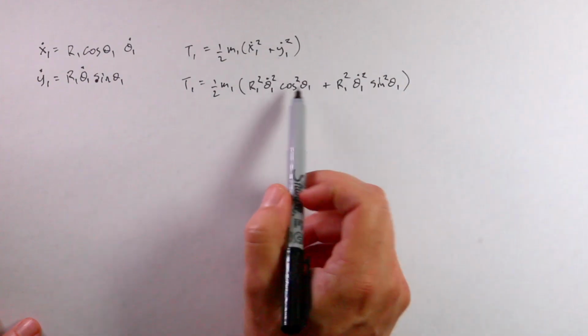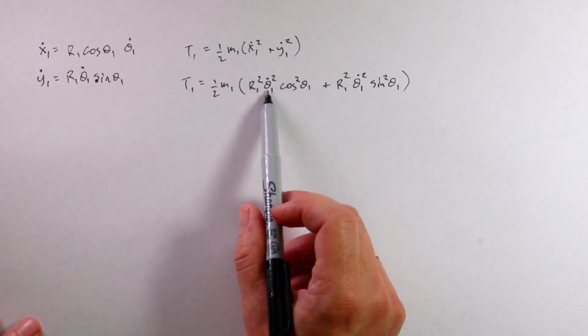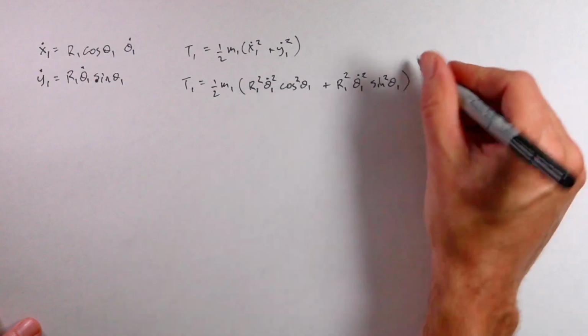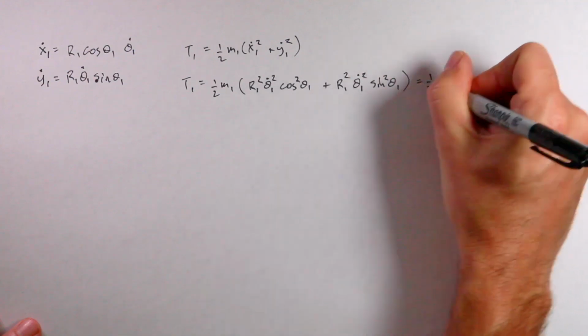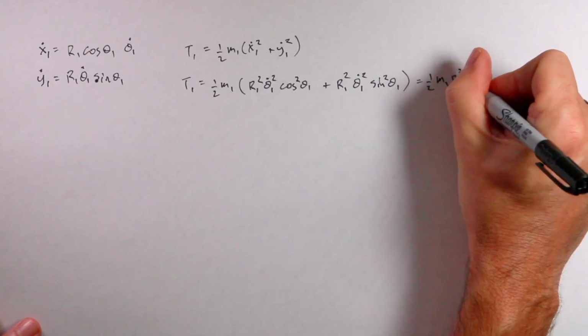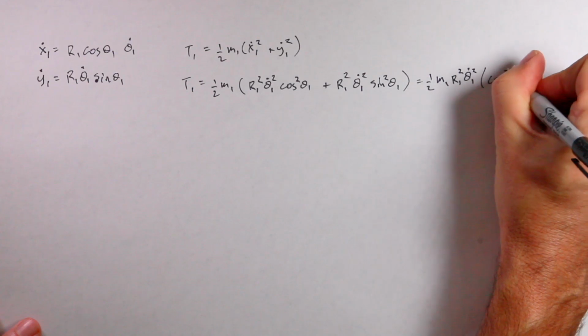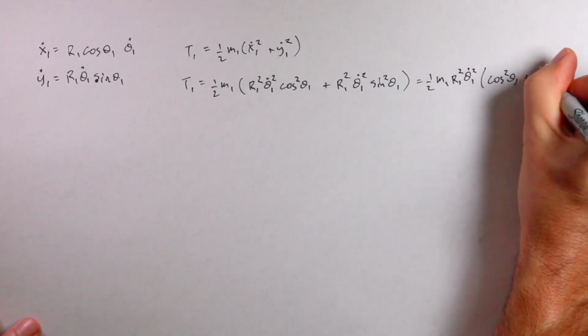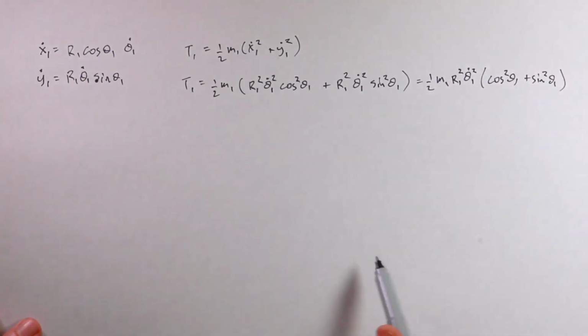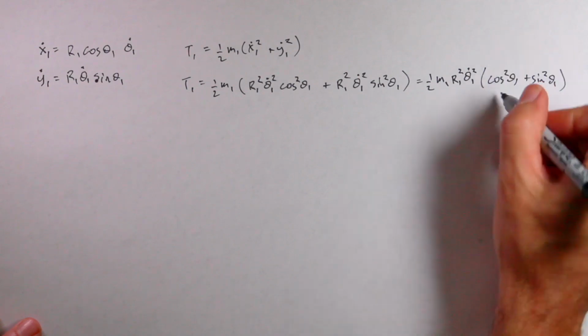And you'll notice here that I can factor out r1 squared theta 1 dot squared, and I get 1/2 m1 r1 squared theta 1 dot squared times cosine squared theta 1 plus sine squared theta 1. And cosine squared plus sine squared is 1.